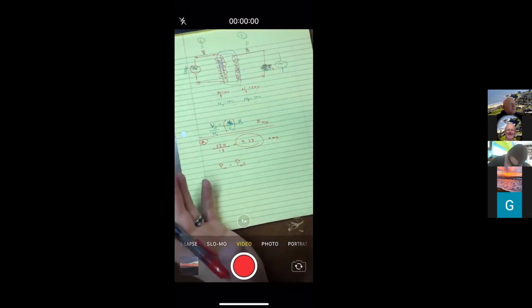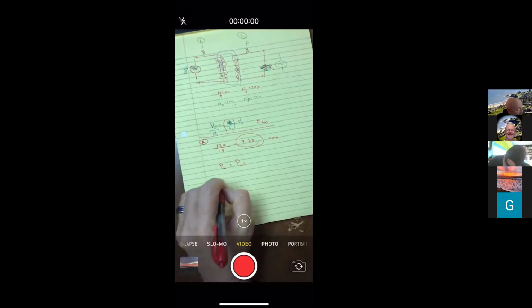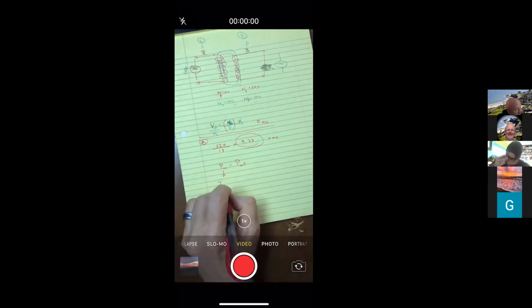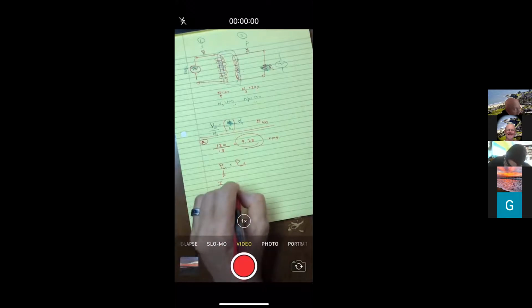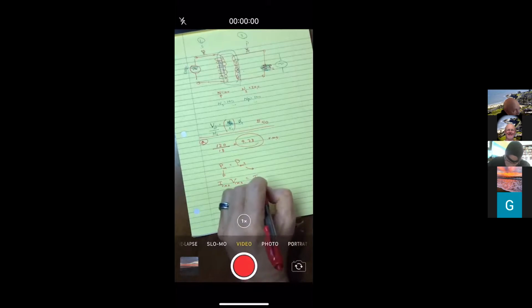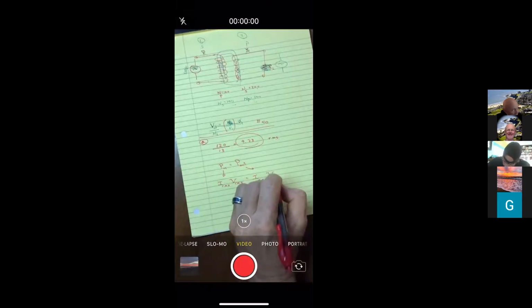So they say if this particular ideal transformer draws it, and here's what I'm getting at then, the power in is the current measured in RMS times the voltage measured in RMS, and the power out is equal to the current out in RMS times the voltage out in RMS.